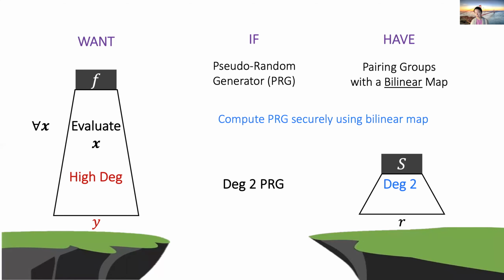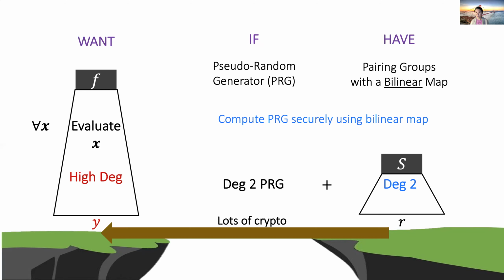The rationale is that if the PRG has degree 2, then we can evaluate it inside the bilinear map and obtain the PRG output. And this capability, together with lots of other cryptography tricks and techniques added together, lets us get I/O.